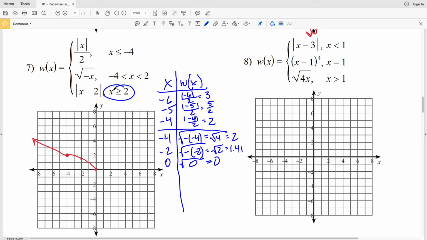Now for values where x is greater than or equal to 2, I'll start at +2. We're looking at the piece of the function that's equal to the absolute value of x minus 2. So plugging 2 in, we'll have the absolute value of 2 minus 2, which is equal to the absolute value of 0, which is 0. Then I'll plug in a +3, so we'll have 3 minus 2, which equals the absolute value of 1, which is a +1, and so on.